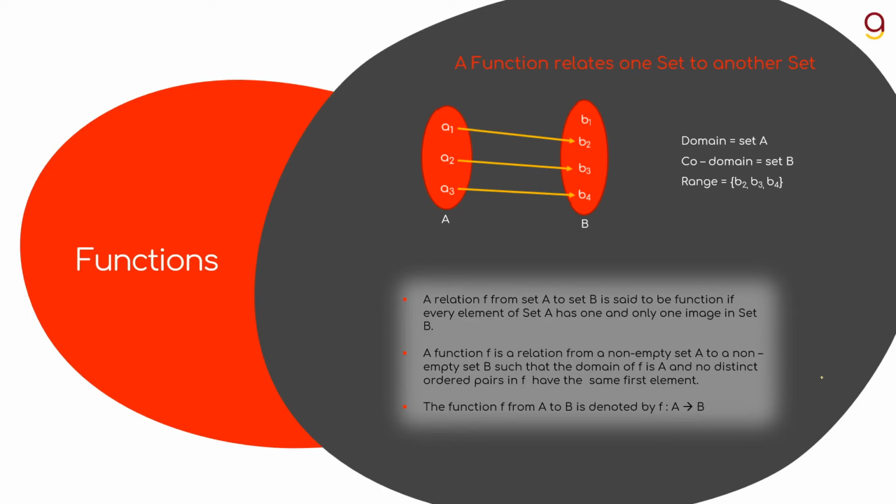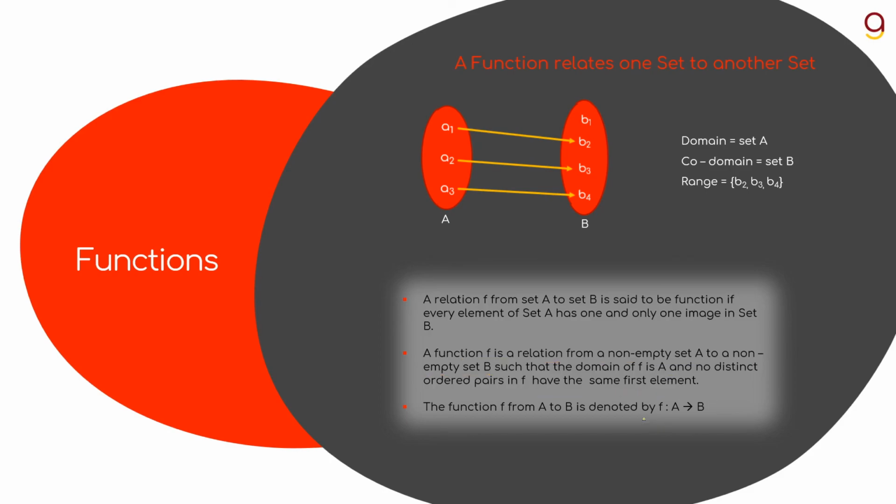So, we can now define a function as a relation f from set A to set B is said to be a function if every element of set A has one and only one image in set B. Or in other words, a function f is a relation from a non-empty set A to a non-empty set B such that the domain of f is A and no distinct ordered pairs in f have the same first element.